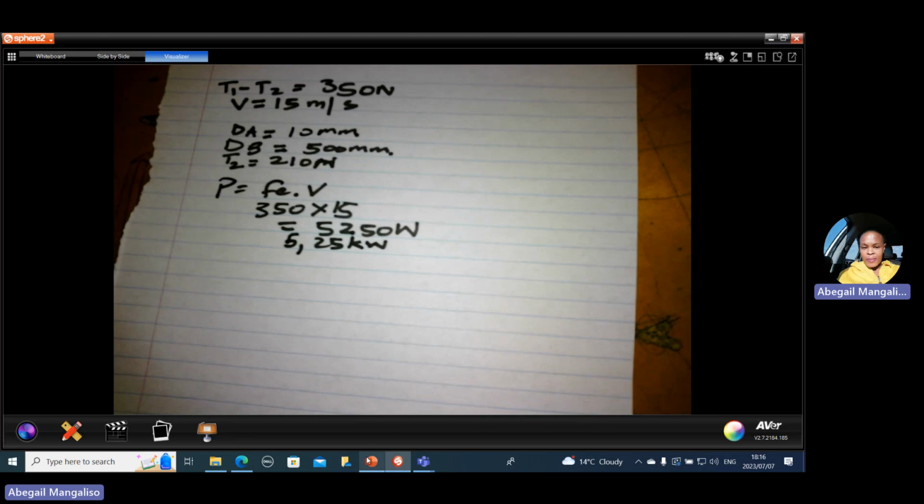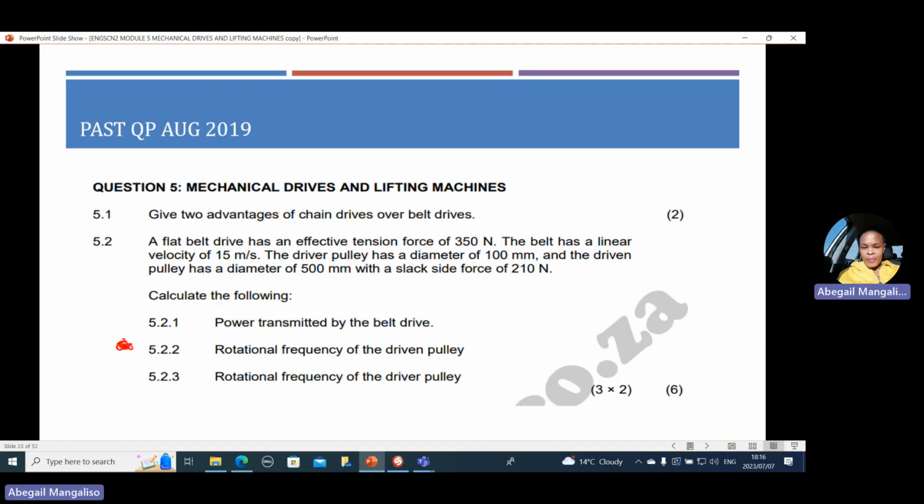Second question, calculate the rotational frequency of the driven pulley. So in belt drives, if no slip occurs, the velocity is the same. There is no slip given, no efficiency given. It means the velocity of the driver will be equal to the velocity of the driven.